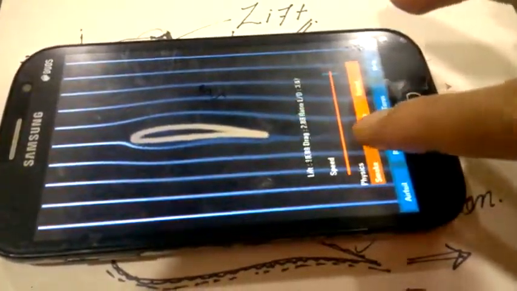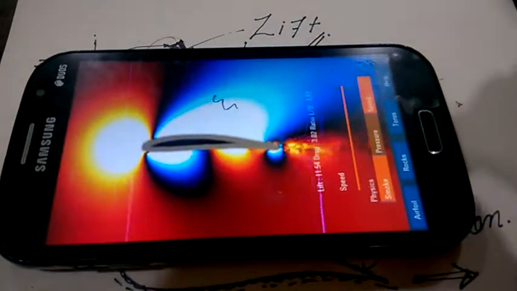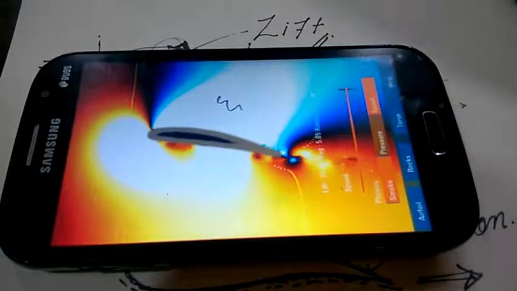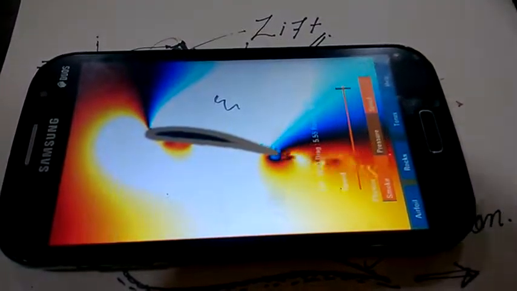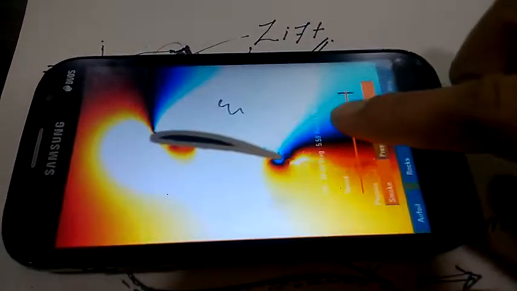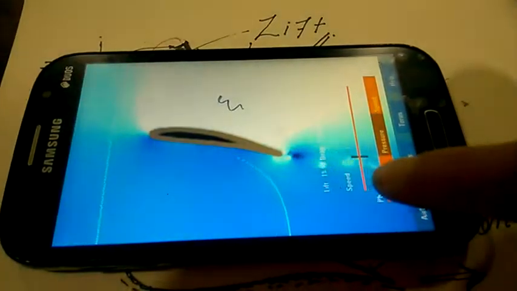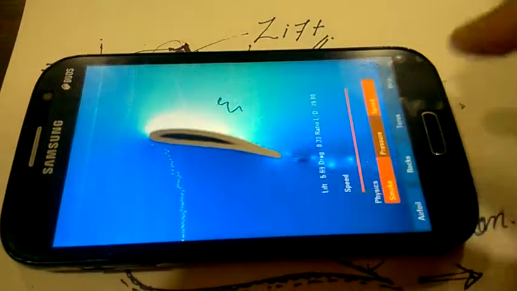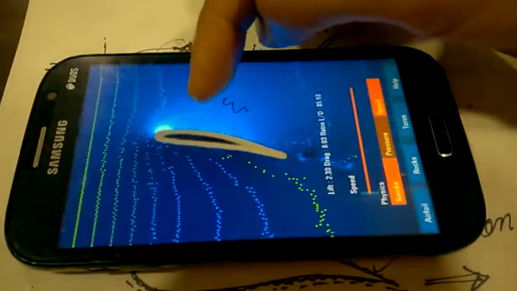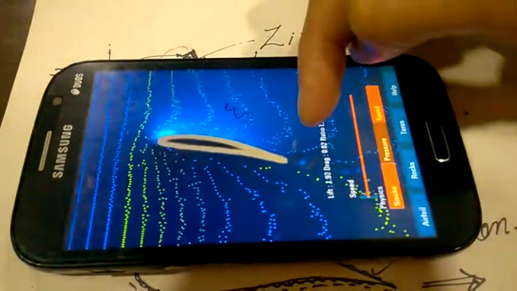right? Now you can also see the pressure difference with respect to places. Let us reduce a little bit of speed. Now this is the air particle that I have discussed earlier.